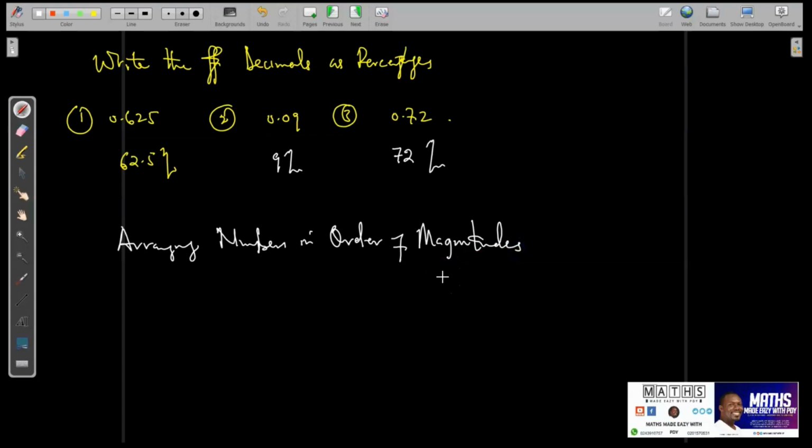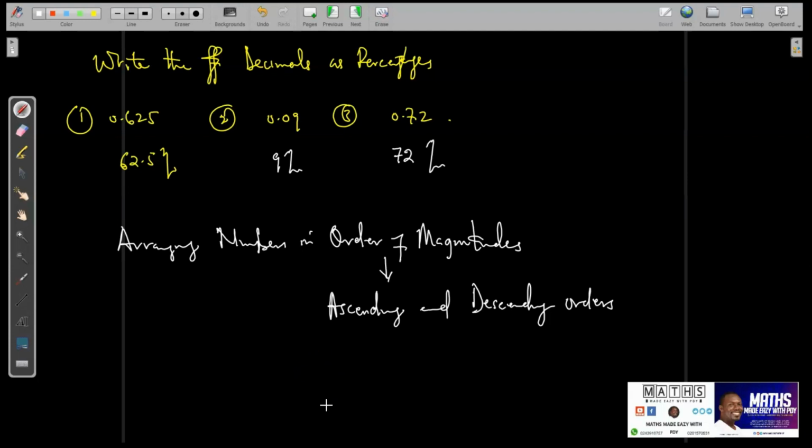Now, when we are asked to arrange numbers in order of magnitude, we are looking at what we call ascending and descending orders. Ascending order simply refers to writing the numbers from the smallest to the largest.